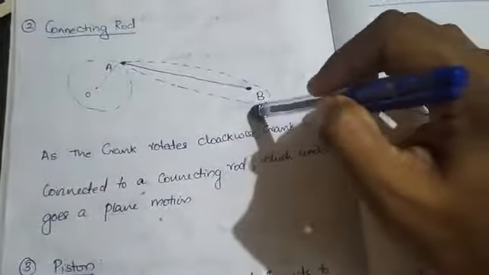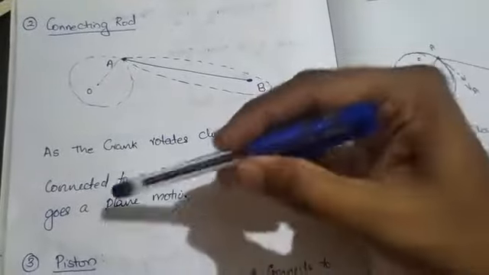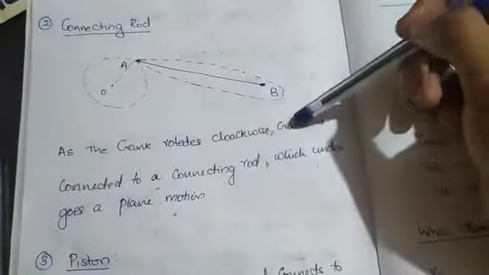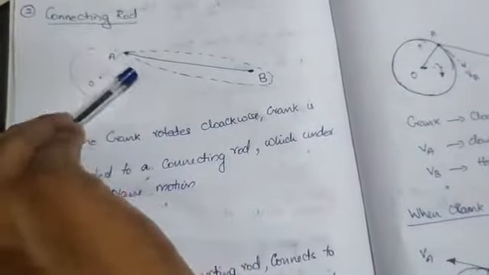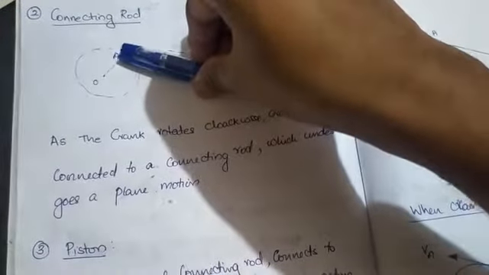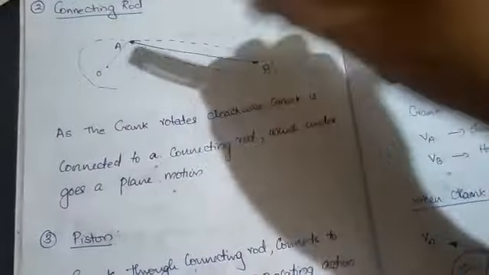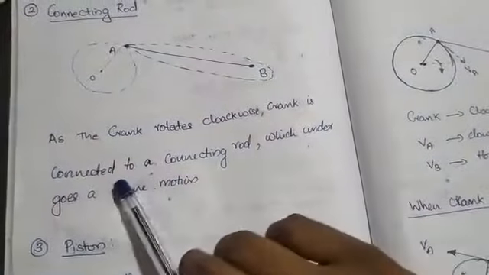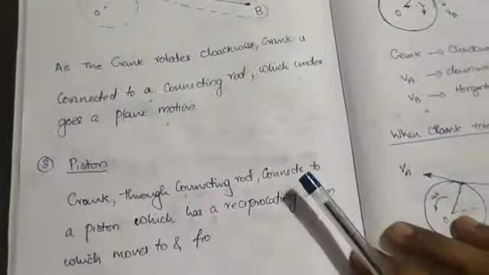So the connecting rod has a general plane motion. As the crank rotates clockwise, the crank is connected to a connecting rod which undergoes plane motion, right?